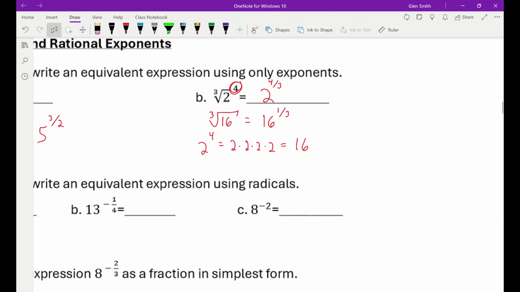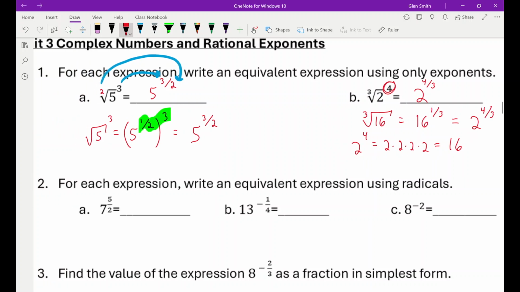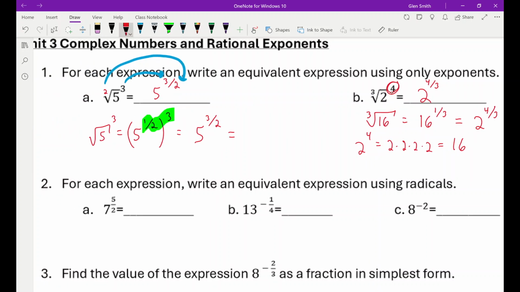But if you put this into a calculator, 16 to the 1/3 is exactly the same as 2 to the 4/3. And that means if you were to slide over here, 5 to the 3/2, because 5 cubed is 5 times 5 times 5 is 125, this is the same thing as 125 to the 1/2.